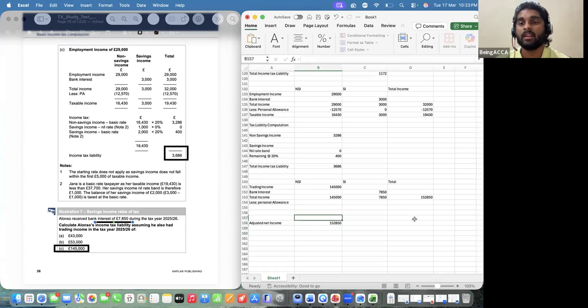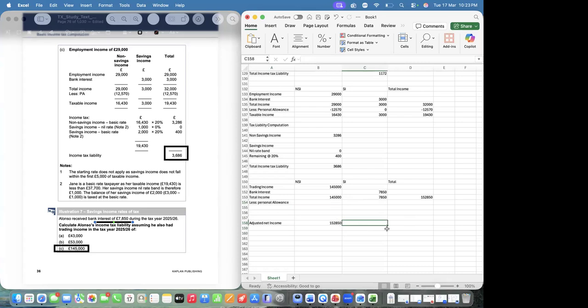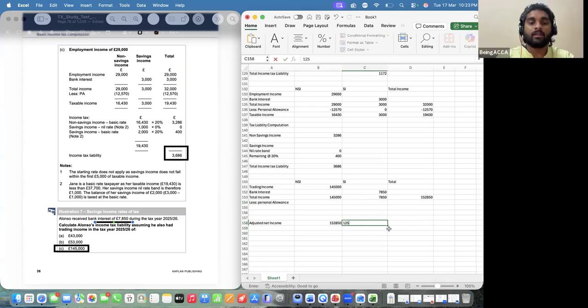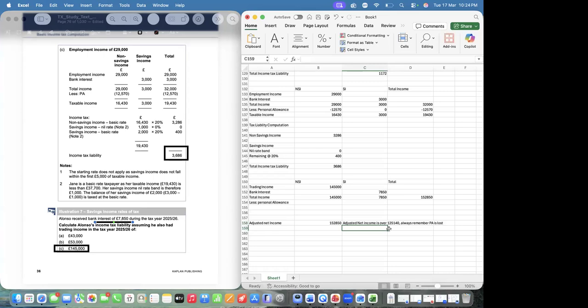Exactly what I told earlier: whenever the total income, adjusted net income, is over 125,140, always remember the personal allowance is lost. Make a note of this point.